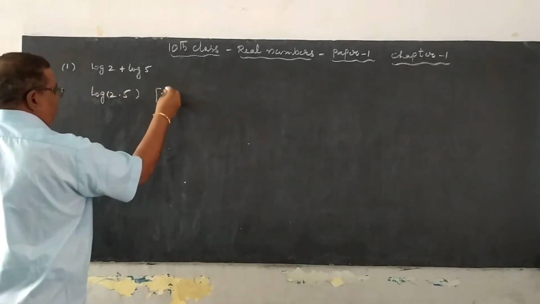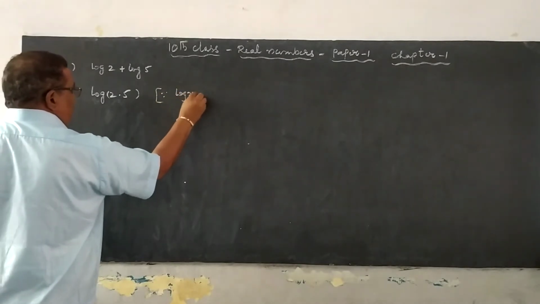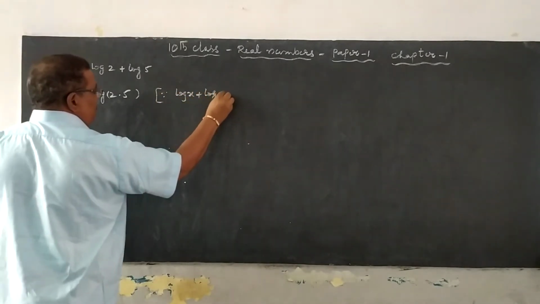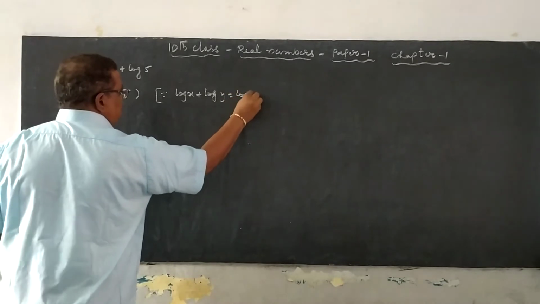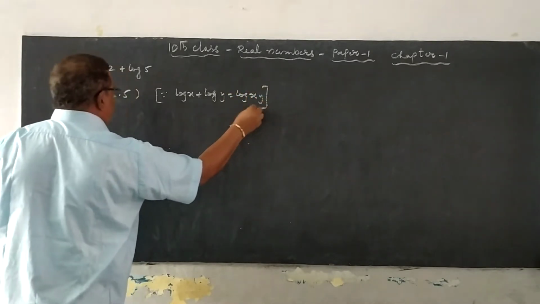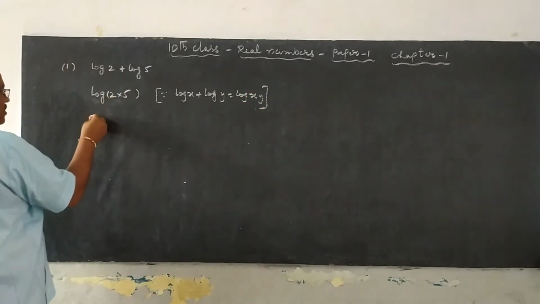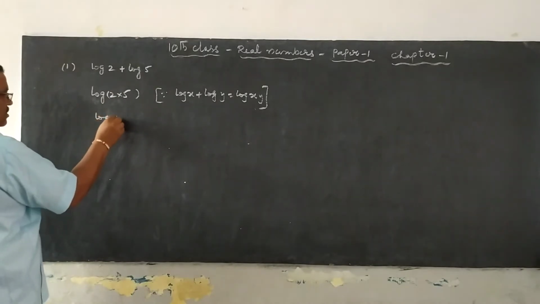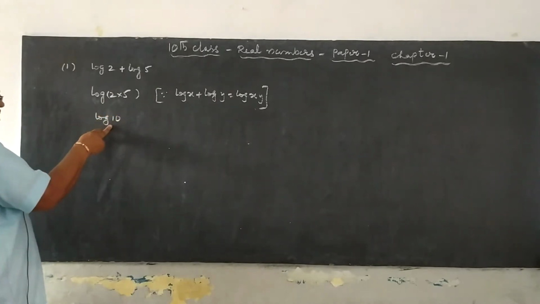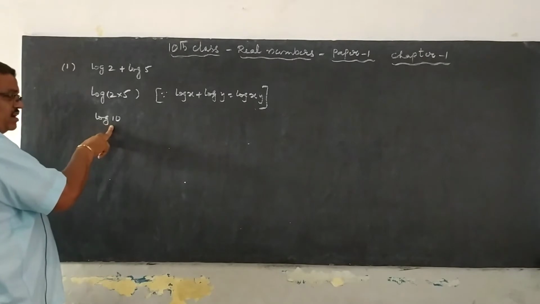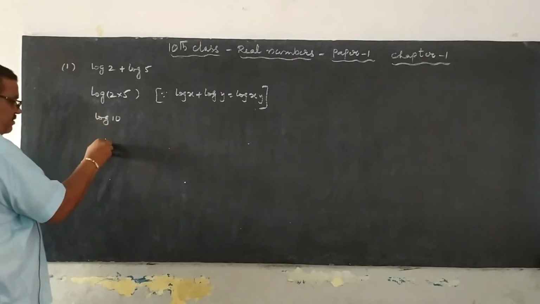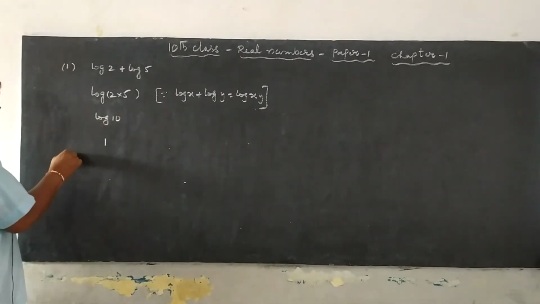Here write the supporting formula: log x plus log y is equal to log xy. So log 2 into 5, log 10. The base is not written here, that means base 10 is there. Log 10 base 10 value is 1. This is the first problem.